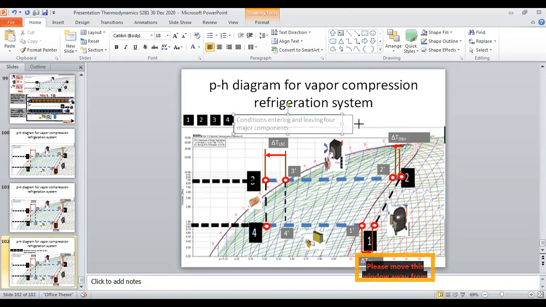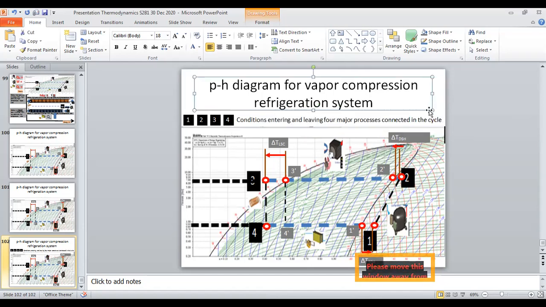You can see that for the compressor, 1 to 2, dispatching. Okay. So instead of components, let me say processes, connected in the cycle. Not in the cycle, I just put in this cycle, the refrigeration cycle.